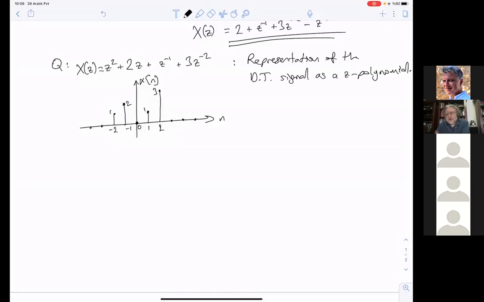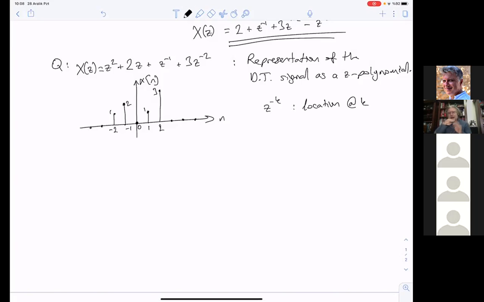And the z powers could be positive and negative. If the z powers are negative, like z to the minus k, the location is at k. So if it is z to the minus 3, for example, it means at n is equal to 3.